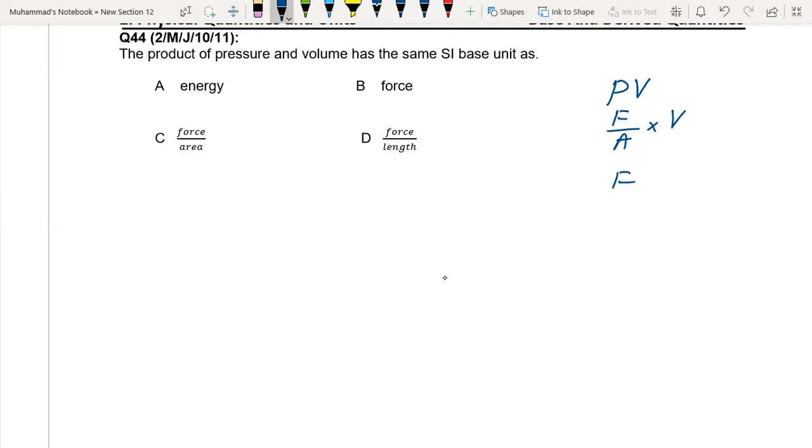That will become force times meter cube over meter square. That is force times meter, and force times distance is energy. So energy and the product of pressure and volume will have the same unit.